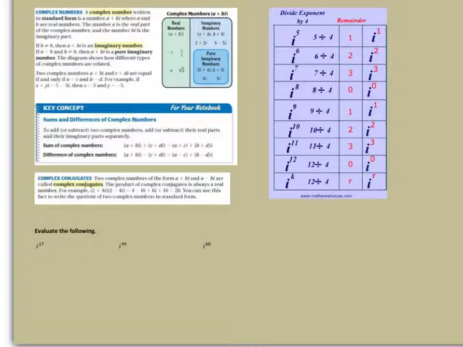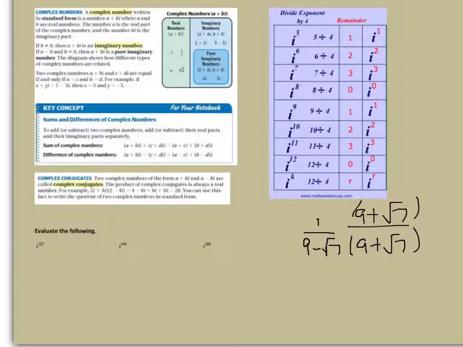So if we had something like this, you'd have to multiply the top and bottom by 9 plus the square root of 7, because that's minus. So here, a complex conjugate: if I have 3 minus 2i, the complex conjugate is 3 plus 2i. And we'll see when we use that as well.